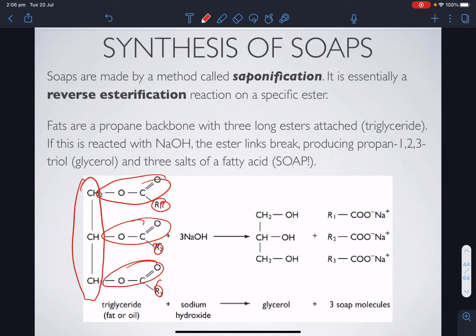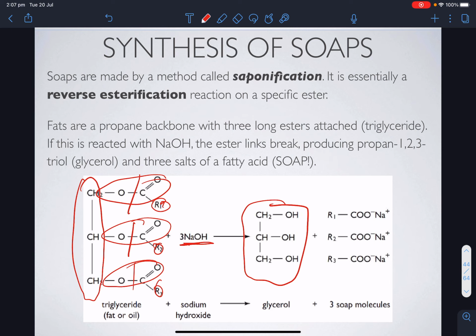If we do a reaction with sodium hydroxide, we break those ester bonds. What we end up with is this molecule here, the propane backbone with alcohol groups on it, so propane-1,2,3-triol, sometimes known as glycerol or glycerine.